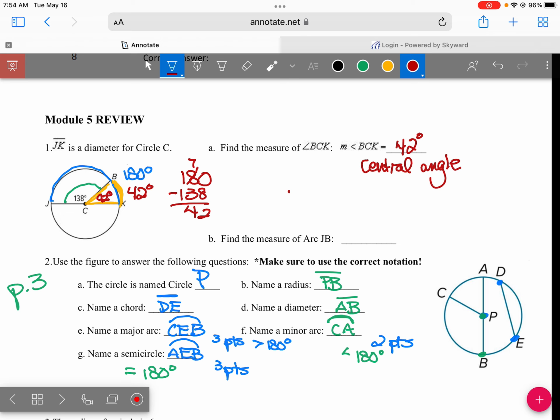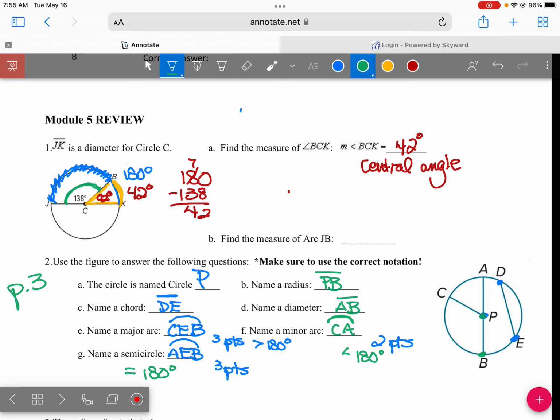Then it says find the measure of arc JB. So the measure of arc JB is right here, this squiggly line. What is the measure of that arc? 138, yes.